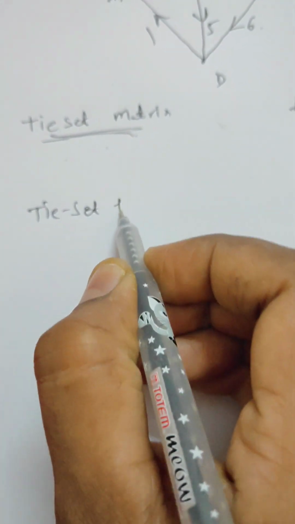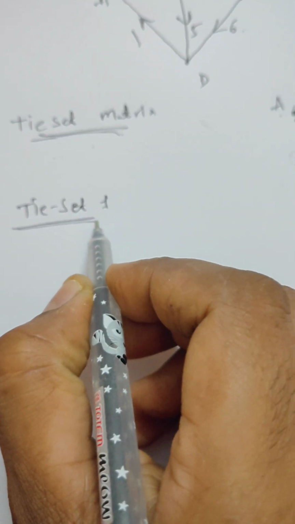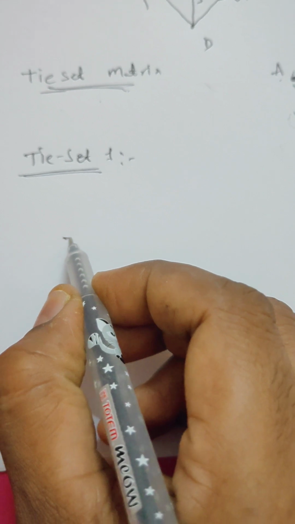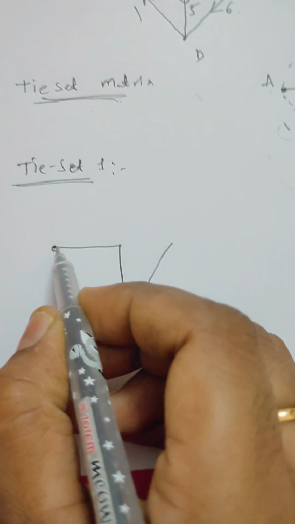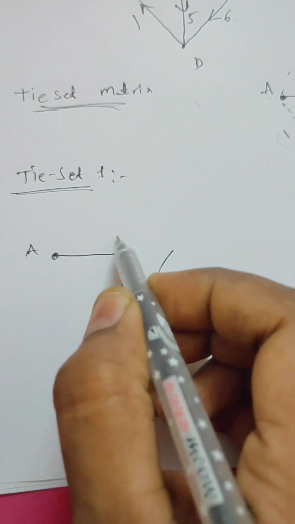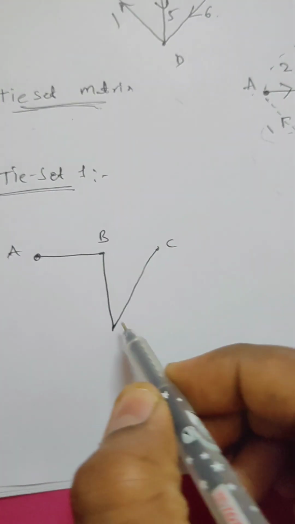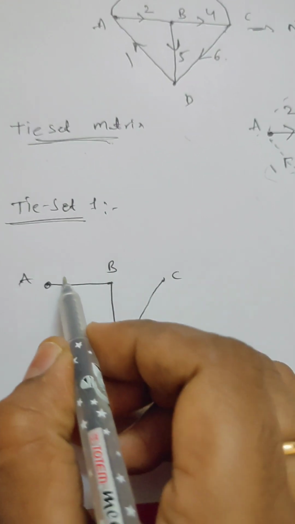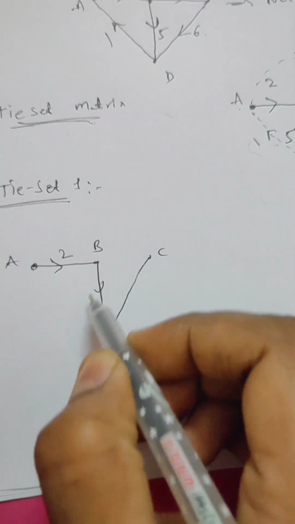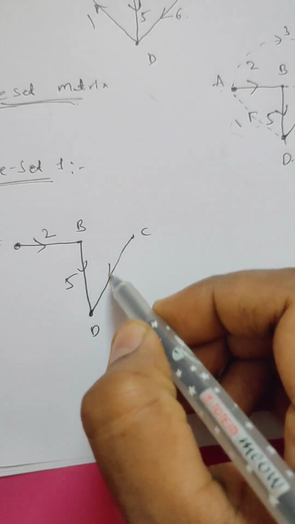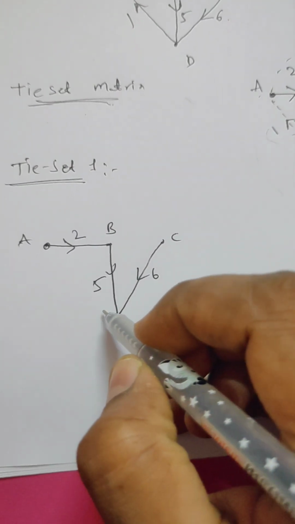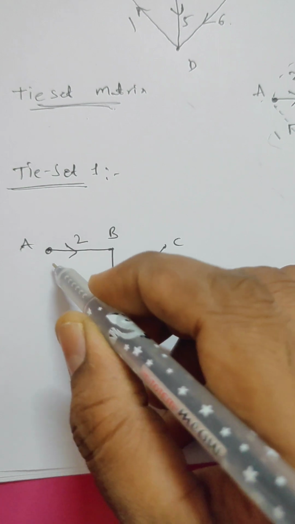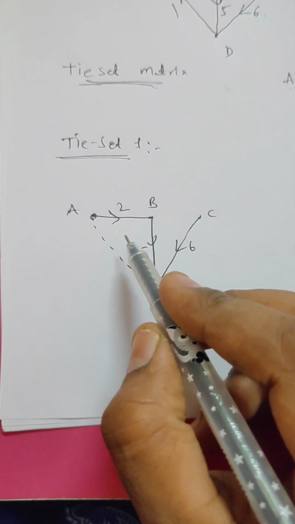So this is tie set 1, we can call it tie set 1 or fundamental loops. Here I am considering a tree configuration which consists of the nodes a, b, c, d, with the twigs 2, 5, and 6, and I am tying one link to this tree configuration.